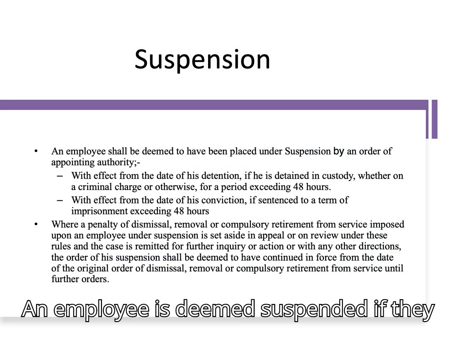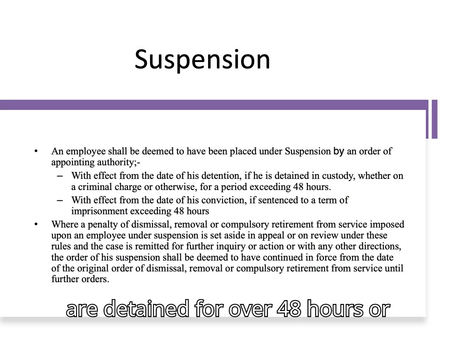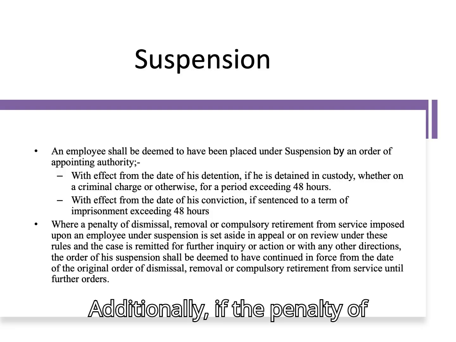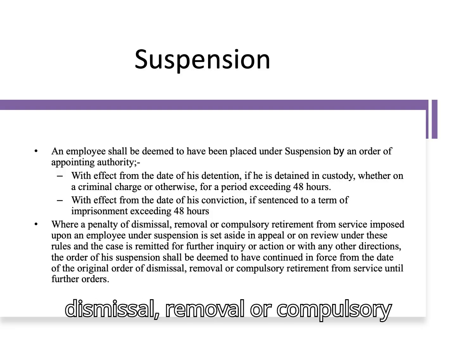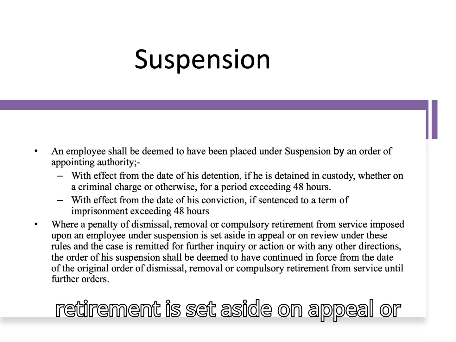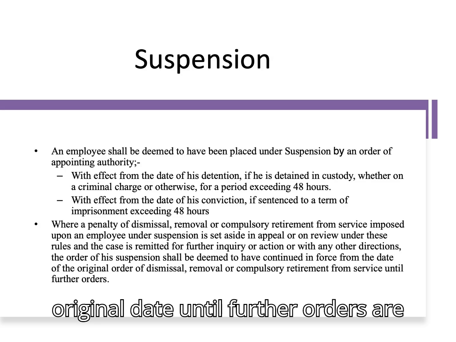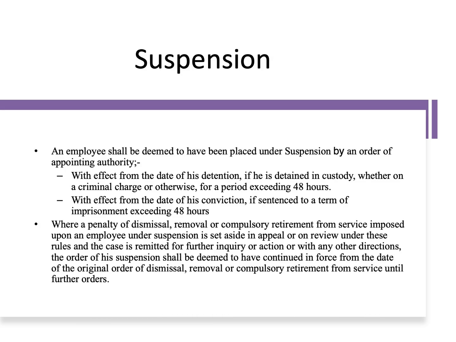An employee is deemed suspended if they are detained for over 48 hours or convicted for a term exceeding 48 hours. Additionally, if the penalty of dismissal, removal, or compulsory retirement is set aside on appeal or review, the suspension continues from the original date until further orders are issued.